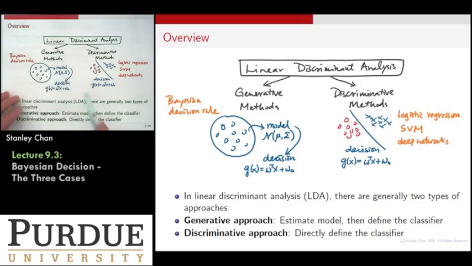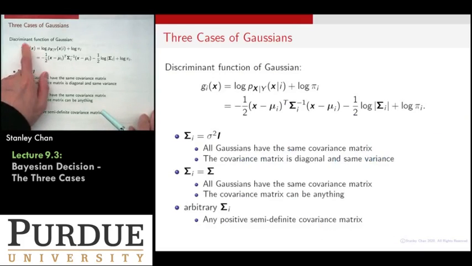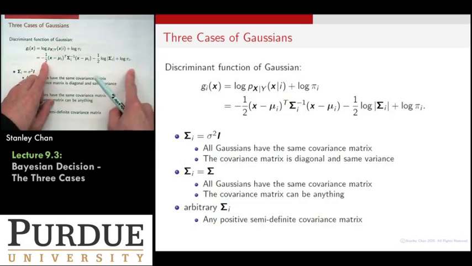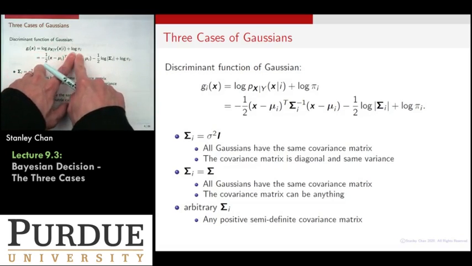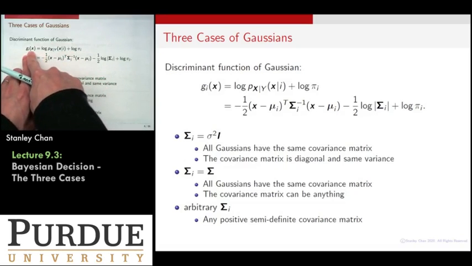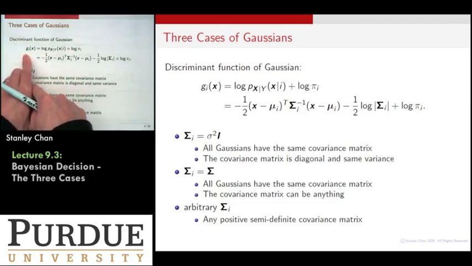this method. So last time we defined this notion called the discriminant function. And for the case of a Gaussian distribution, the discriminant function will be written in this form. The discriminant function by itself will be written as the log likelihood plus the log of the prior, because this discriminant function is defined according to the posterior. We are interested in looking at the posterior because typically you are given some observation.